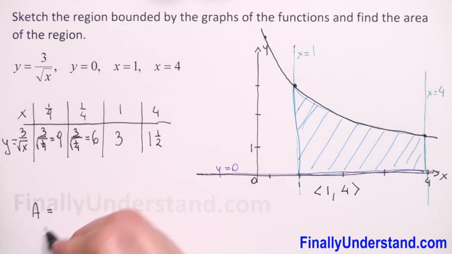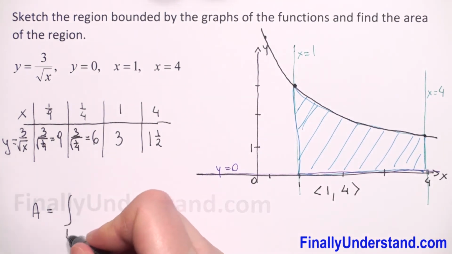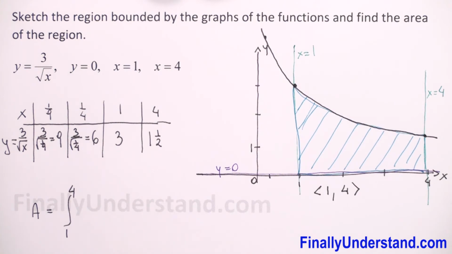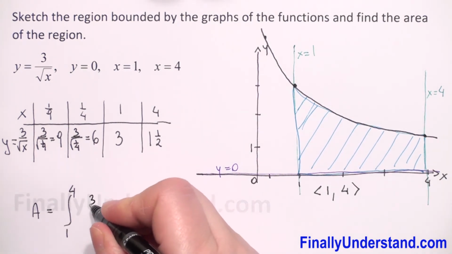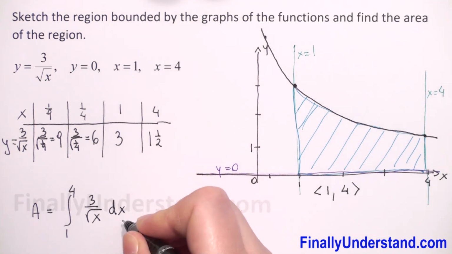A is equal to the integral with limits from 1 to 4, because our area is between this interval from 1 to 4. And our function is 3 over square root of x. We have the integral with respect to x.